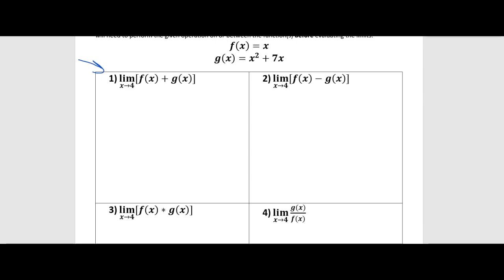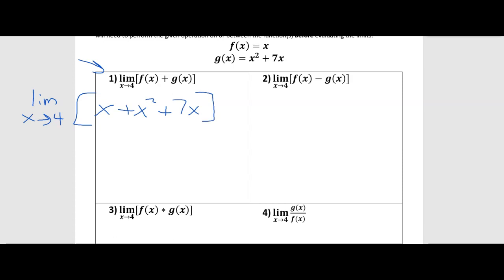The limit as x approaches 4 of the quantity f of x plus g of x. So we're going to add these two functions together, and then we are going to take the limit of the resulting function. So in my brackets, I'm going to have x plus x squared plus 7x. And we're going to take the limit of this function.